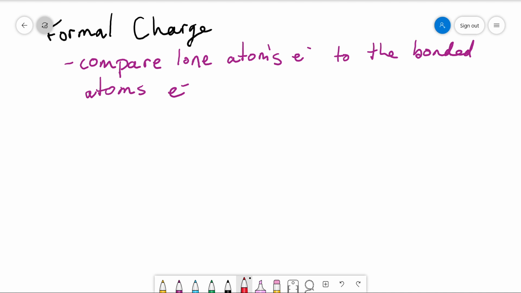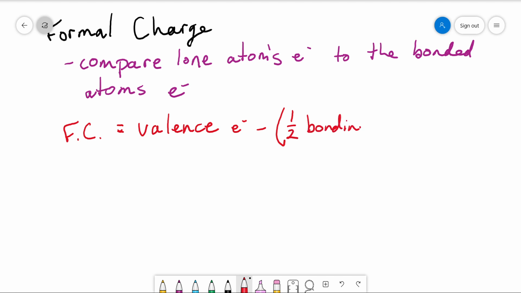This is in the book, but formal charge, Fc, is equal to valence electrons minus 1/2 of the bonding electrons plus, well, I don't know why I put parentheses around that. 1/2 the bonding electrons plus the non-bonding electrons.